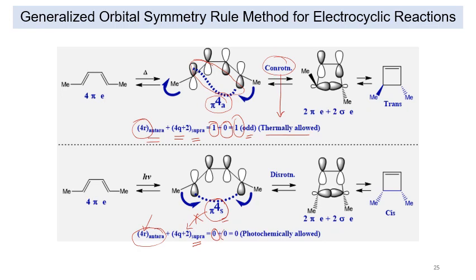Therefore there are 0 components here, and therefore this transformation under disrotation will be permitted only in the photochemical condition. In the photochemical condition, that subsequent orbital has been chosen.